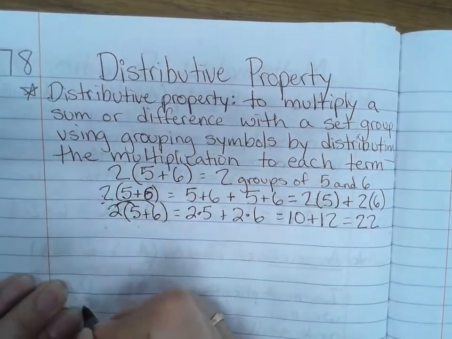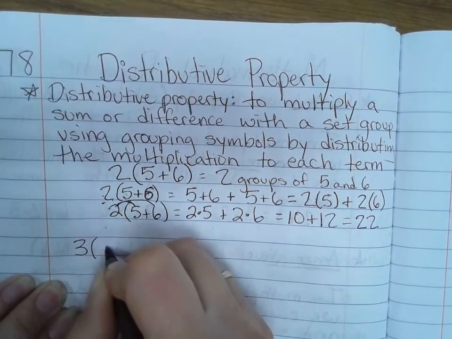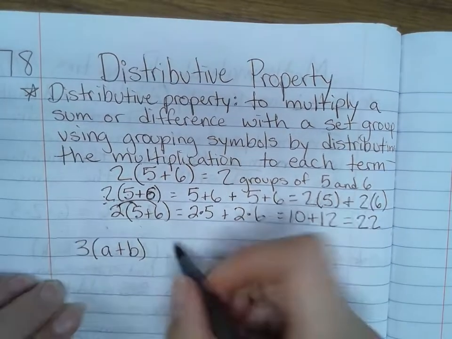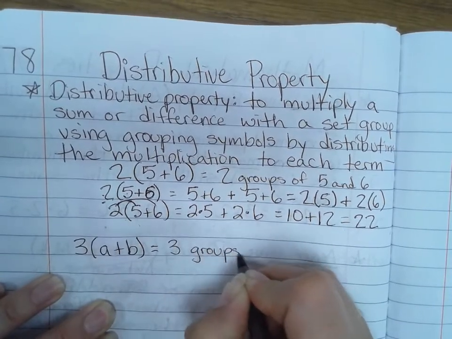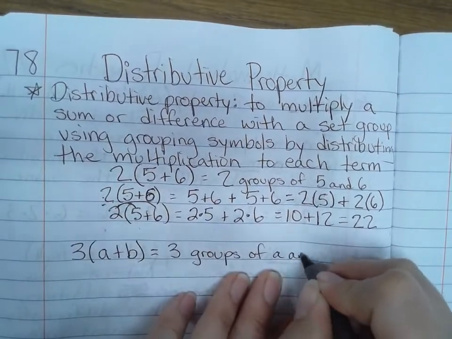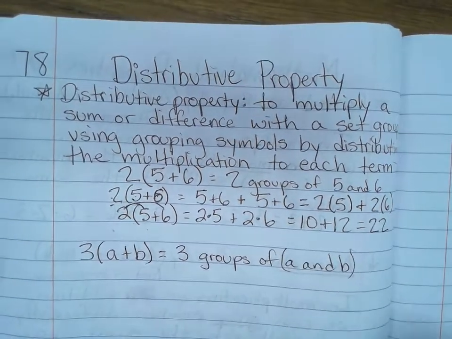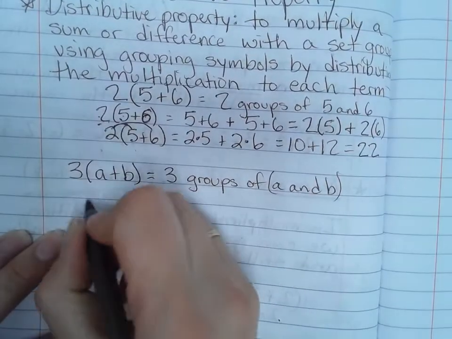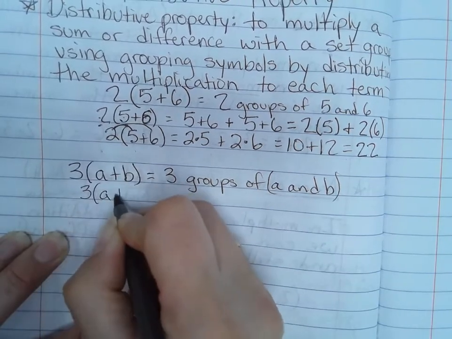So, if you have something like this, 3 times a plus b. This would mean I have 3 groups of A and B. In parentheses, I'm going to put those together because this is what's in a group. So I can say that's the same as having, this is where we're going to show our distributing.